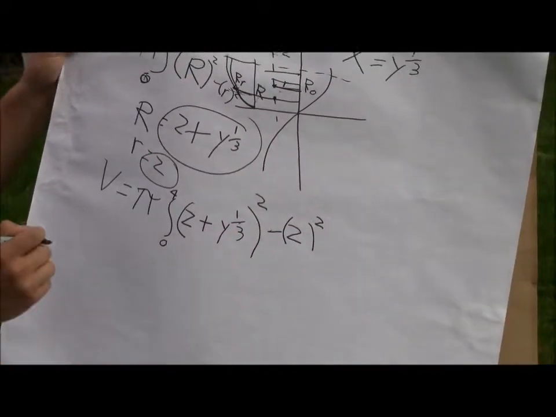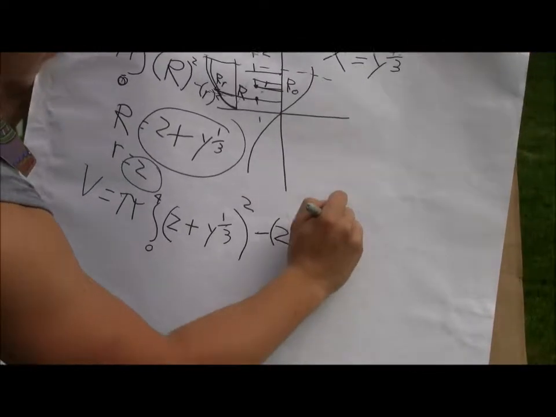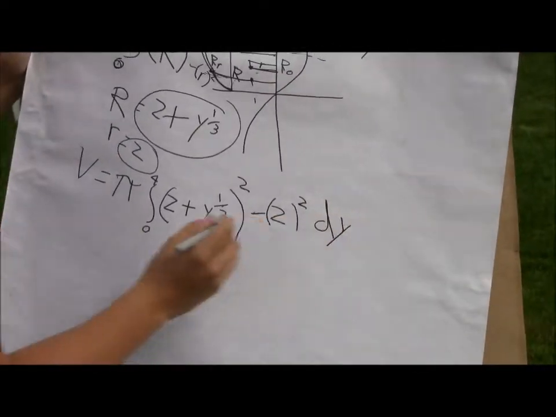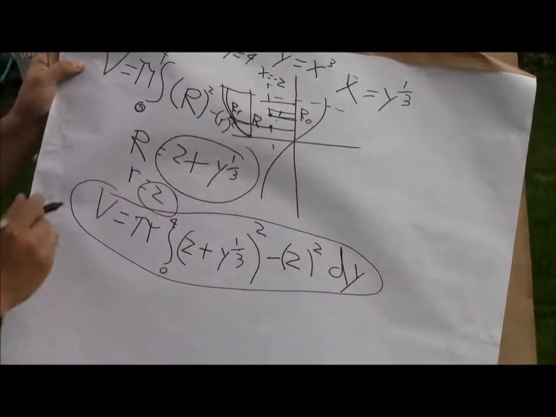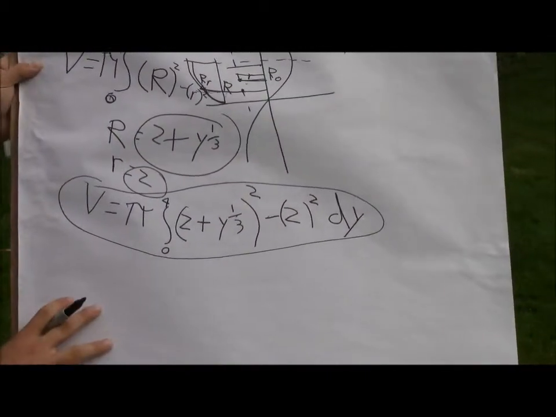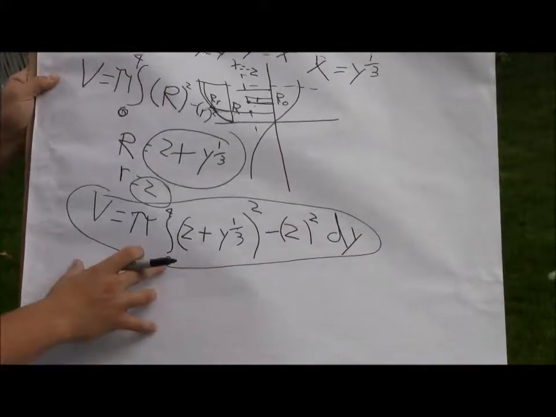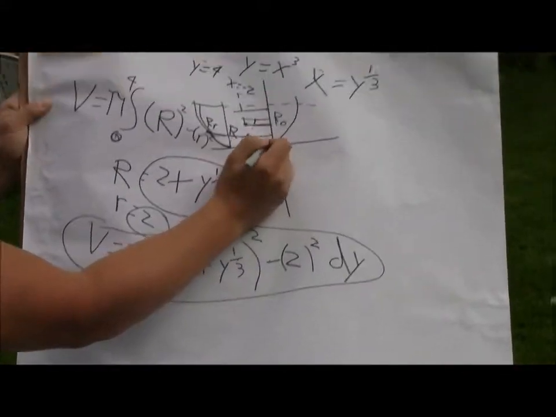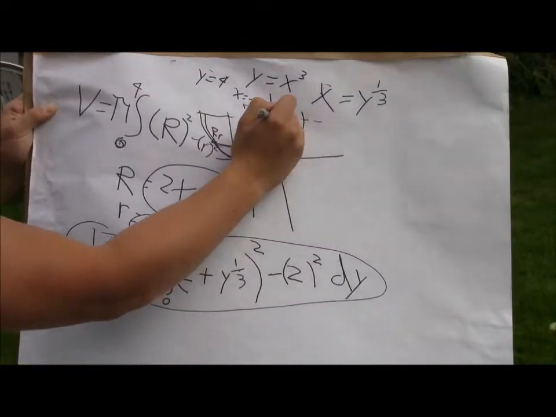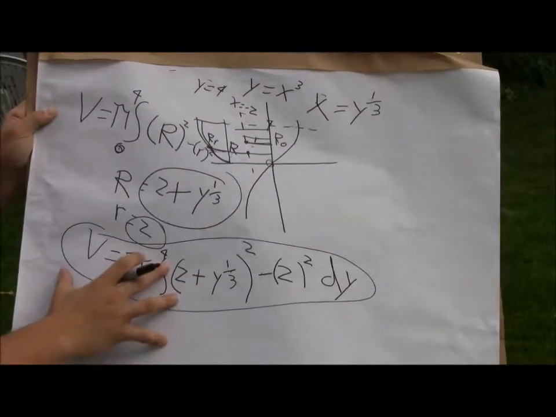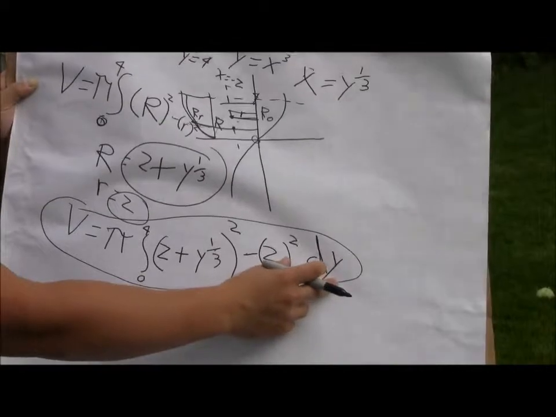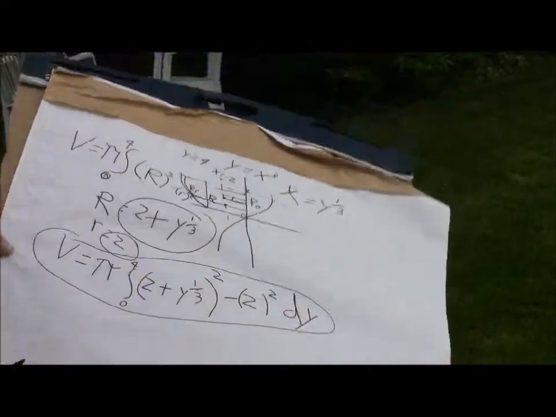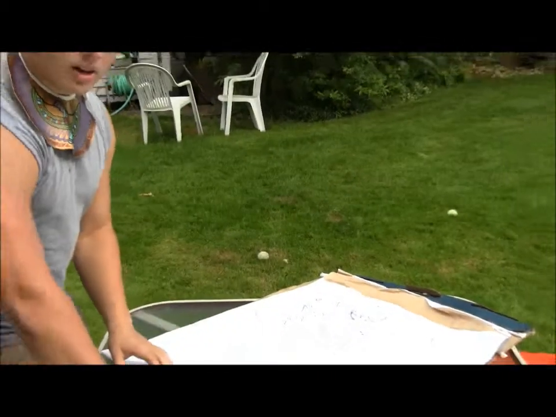And don't forget to write your dy. And that's what your whole equation is going to look like. That's what you enter into your calculator. So let's just double check again to make sure everything's in terms of y. Our limits are from 0 to 4. We get that from 0 here to 4 here. Both of these are in terms of y, and then it's dy. Perfect. All right, now the easy part is to enter it all into your calculator.